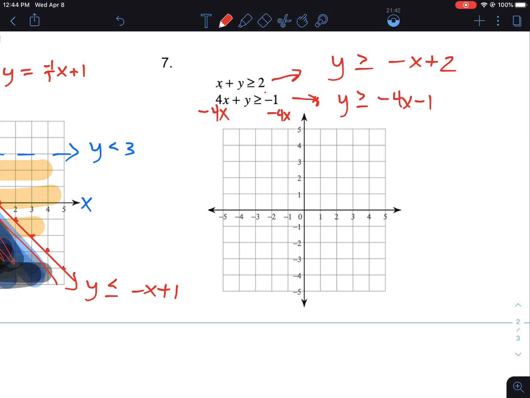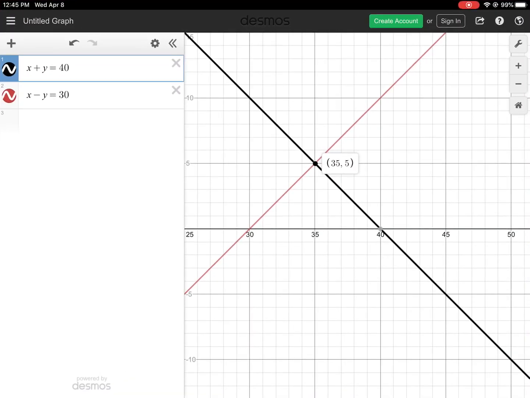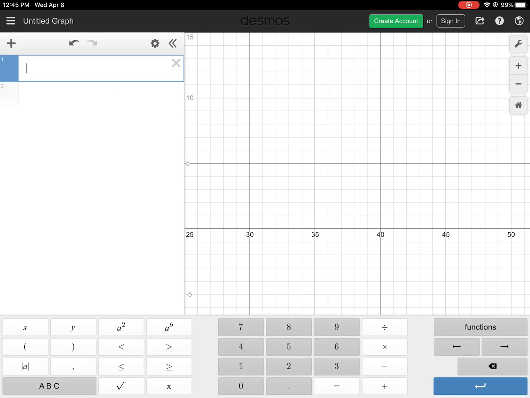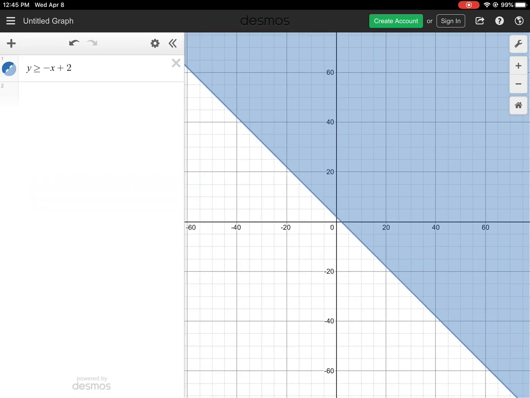So by doing that little step to start with, you'll be sure you're shading in the right spot. All right. So let's type those in, see what we have, and away we go. So y is greater than or equal to negative x plus 2. All right, that's right there. So you can see it's shading that.